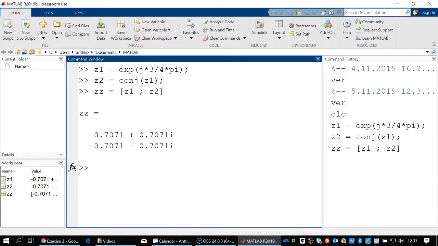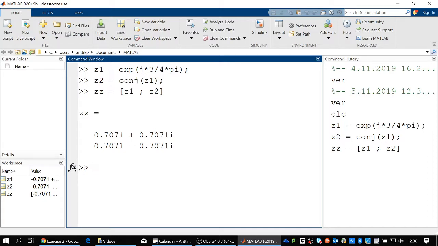If they are system coefficients, then it's a row vector, but if they are zeros and poles, then it's a column vector. So it's 1 by something, or this is a 2 by 1 vector, since coefficients are always that way, and the special points are column vectors. Why? Just because.